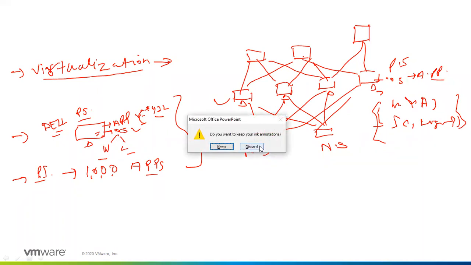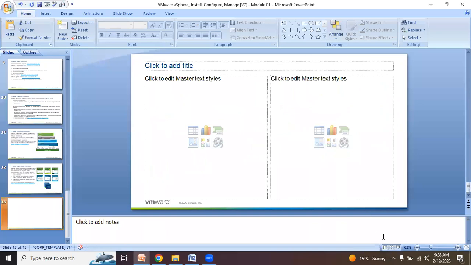Okay, so how did virtualization change this picture? What the virtualization concept says is you don't need to deploy n number of physical servers. Take physical servers with good configuration.